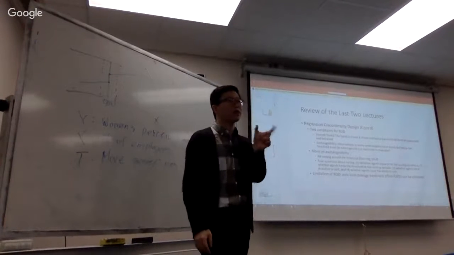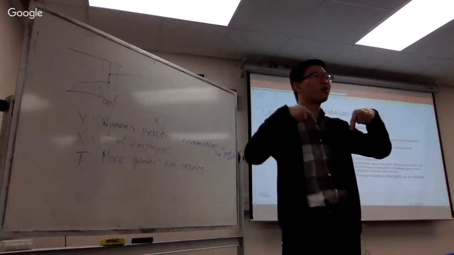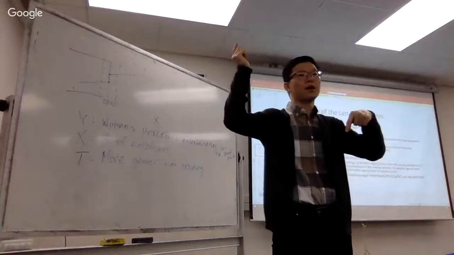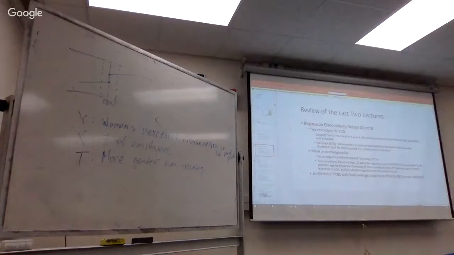That means that the sample size decreases, and that usually makes the standard error go up. So we are decreasing bias, but in exchange for higher standard error. We're sacrificing standard error for decreasing bias. Good.